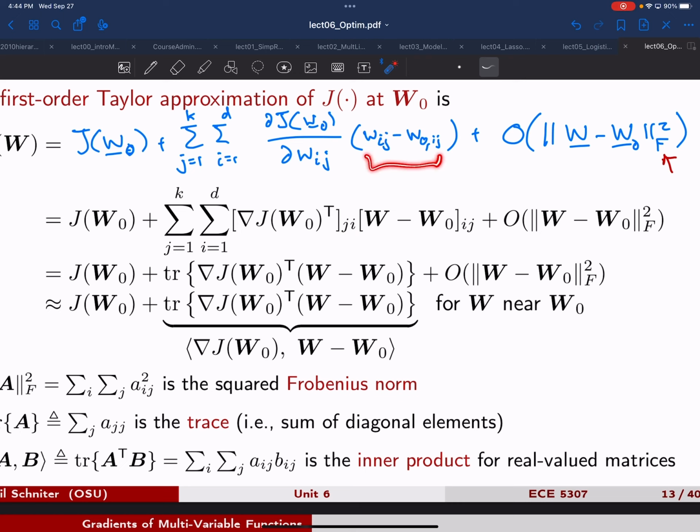So that's writing the first term. This term is just the ith row, jth column of the difference of the W matrix and the W naught matrix. And finally, we have this double sum. Here's the next part, where it's maybe just a little bit tricky if you're struggling with linear algebra, but we want to write this more compactly without summations.